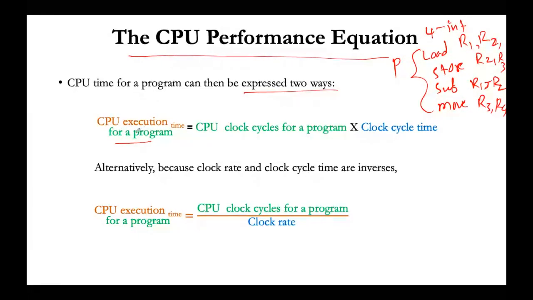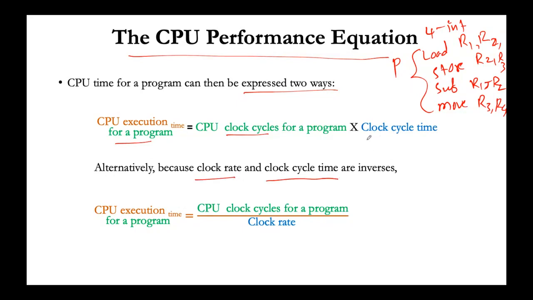The CPU execution time for this program is calculated as the CPU clock cycles for a program, that is, how many clock cycles are required to execute the entire program, multiplied by the clock cycle time.